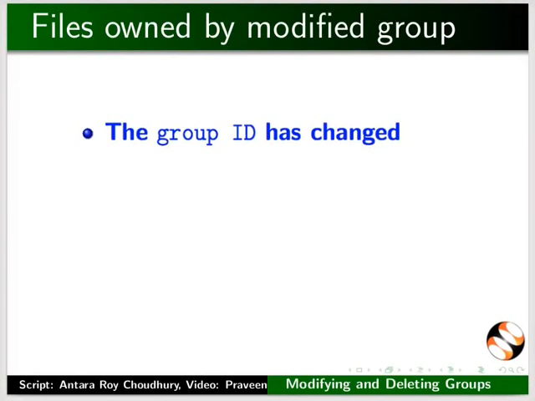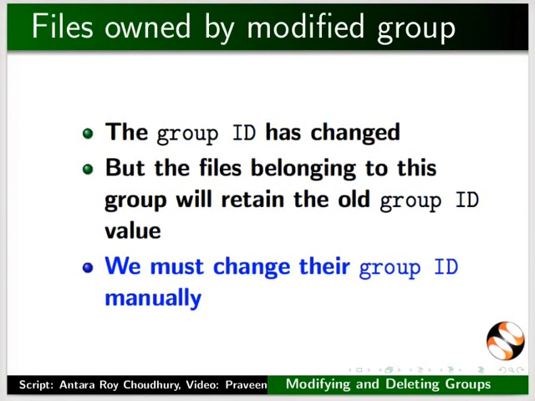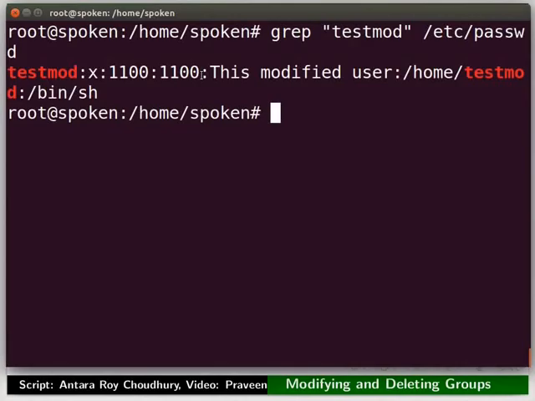The group ID has changed. But the files belonging to this group will retain the old group ID value. So, we must change the group ID manually. To find all the files belonging to the group with GID 1100, type find space /home space -gid space 1100.